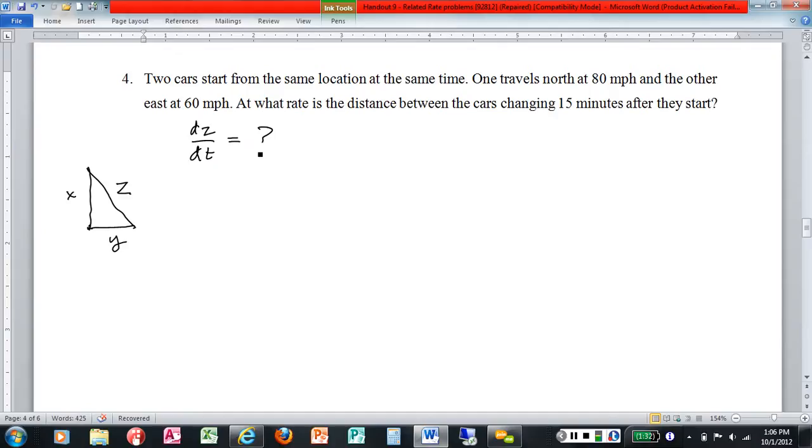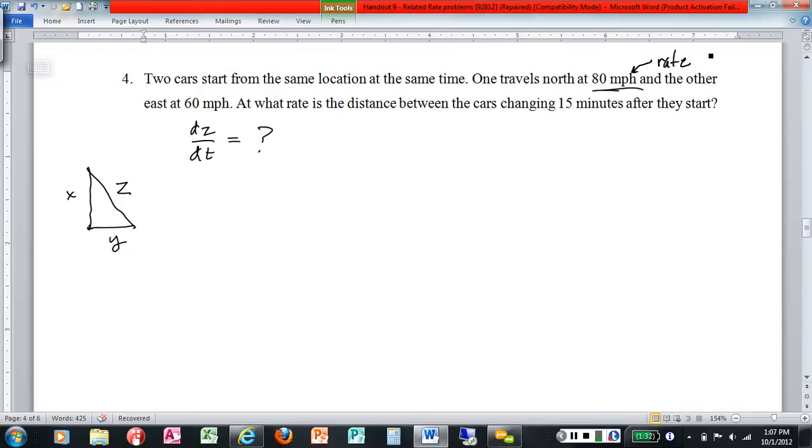Now, as we have in previous problems, let's go ahead and label what we got here. What about this 80 miles per hour? That's how fast the car going north is traveling, the one I called X distance. Isn't that the rate of that car going north?